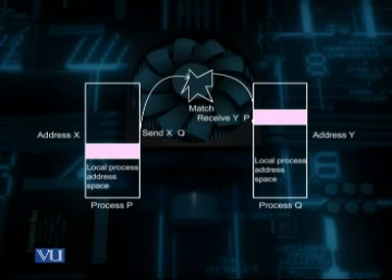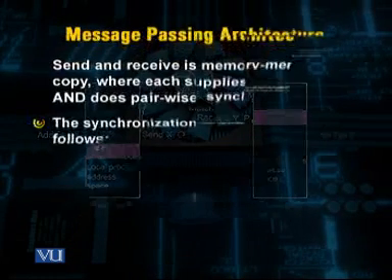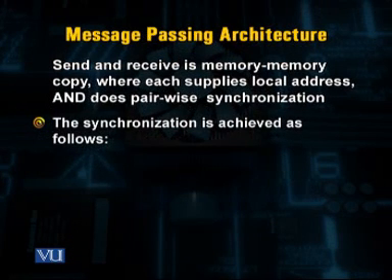The send and receive in this particular case is a memory to memory copy, where each supplies a local address and does pairwise synchronization. Here, the synchronization is achieved as follows.